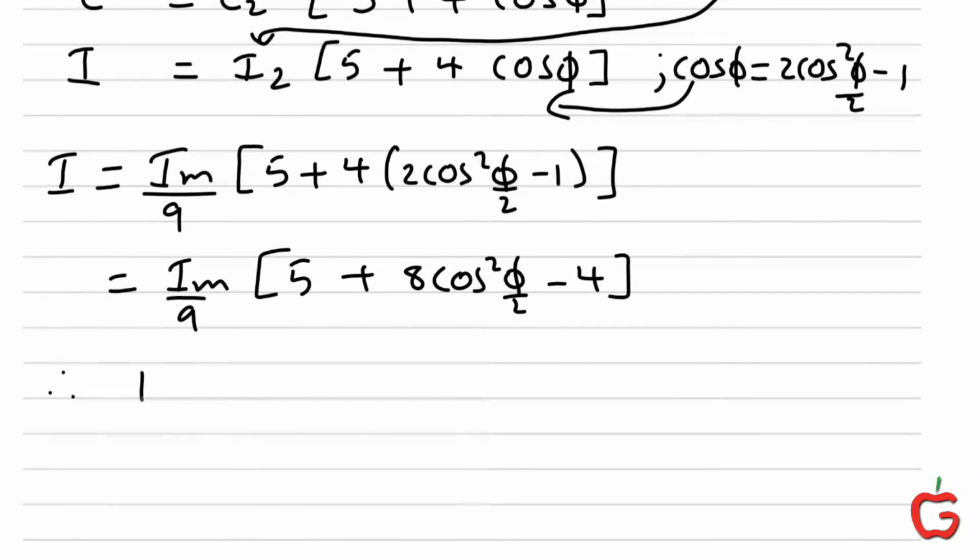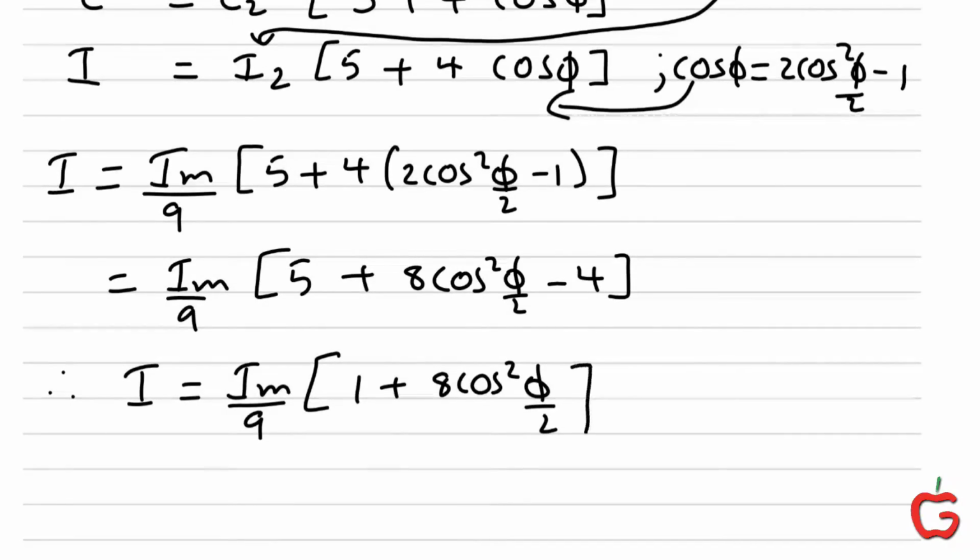That is, the net intensity is I maximum over 9 times 1 plus 8 cos square phi by 2. So this is the general equation for intensities.